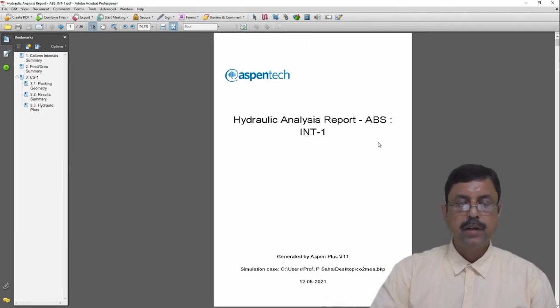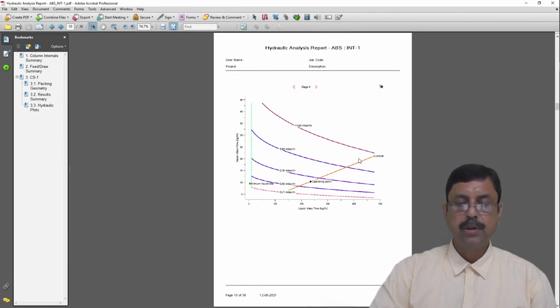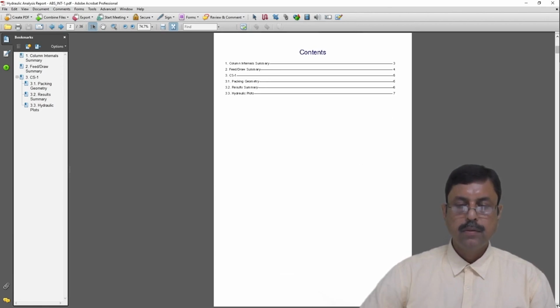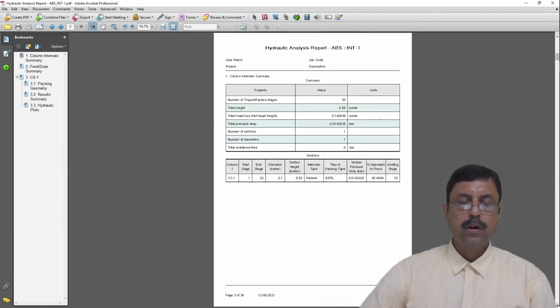So it is hydraulic analysis report of the absorption column. So these are the contents. This is the column internal summary, number of stages, total height 6.55 meter, the head loss, pressure drop. Okay. So it is packed bed with Berl saddles.